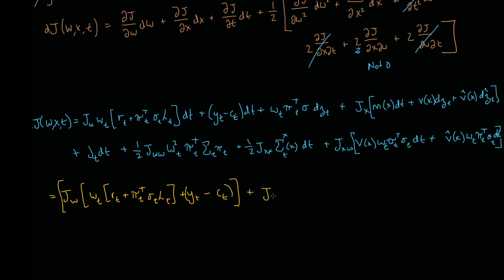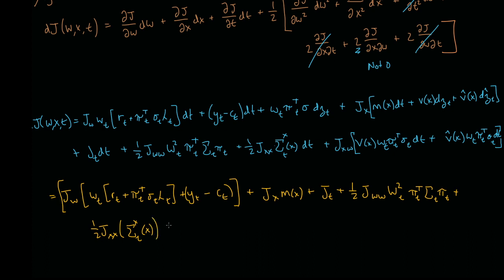plus our jx mx plus jt plus 1/2 jww wt squared pi t transpose sigma t pi t plus new line 1/2 jxx times our sigma txx plus jwx.